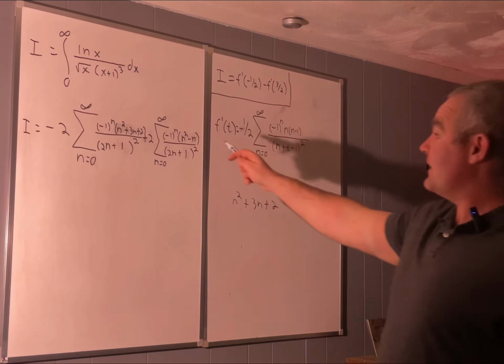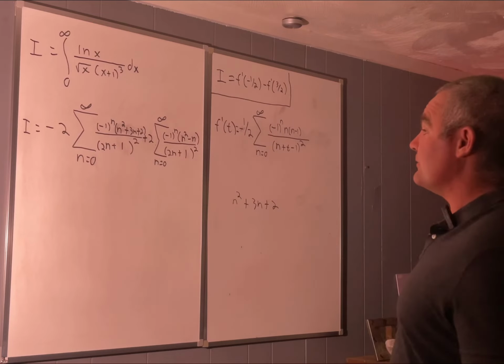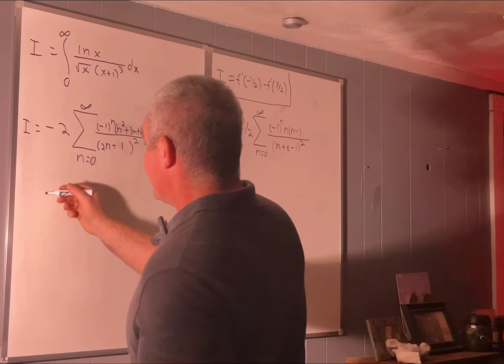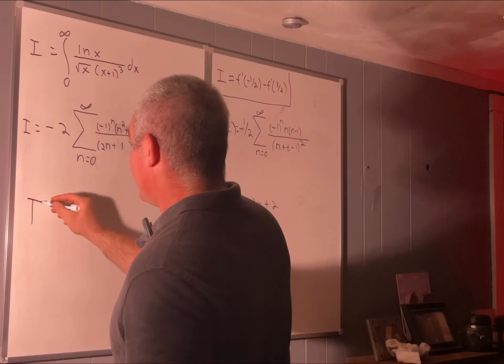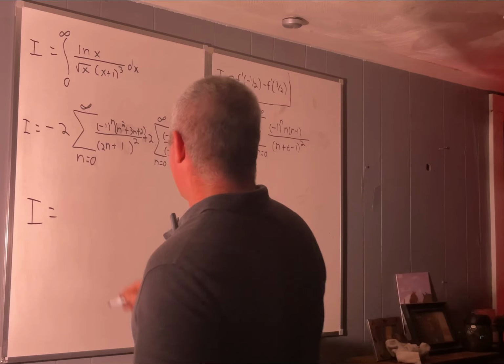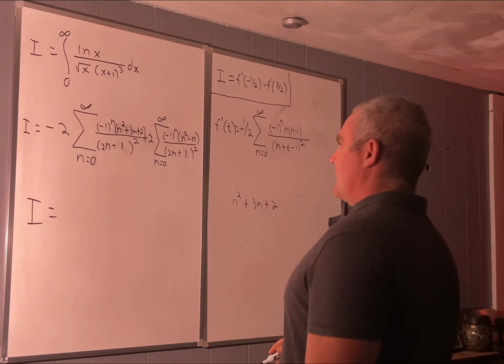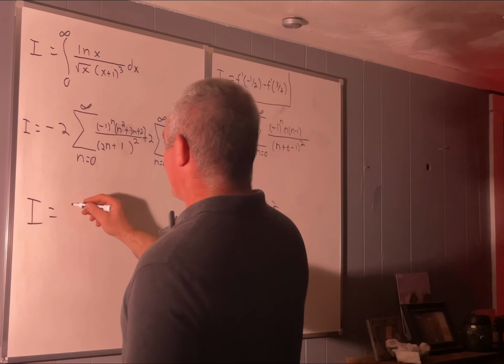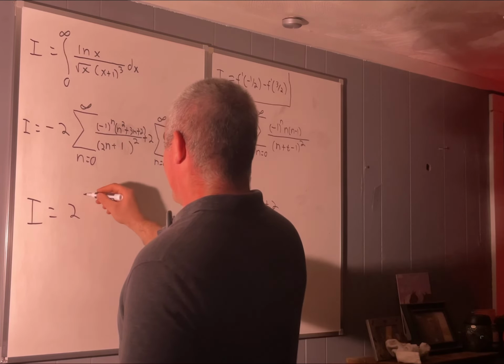So now let's add these two sums together and see what we would get. We'd still have I is equal to, and we'd have either a positive or negative 2. I'm not sure which one yet, but it's going to be a 2 somehow.